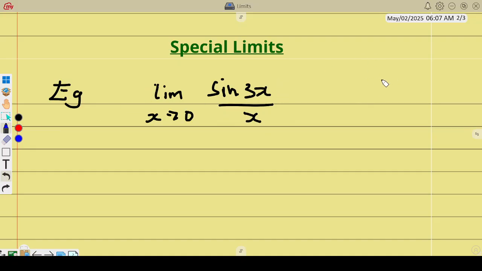Here you have to remember that when I have the limit as x approaches 0 of sin x over x, the whole lot of this is 1.